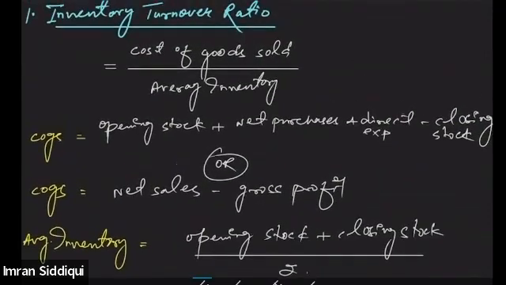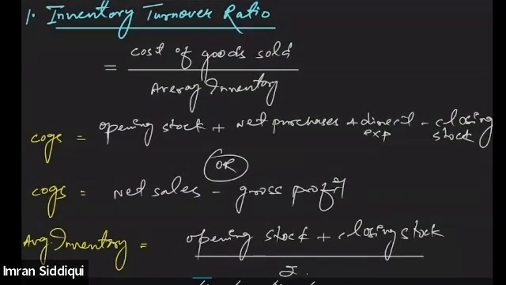All right. So this is the formula for finding out the inventory. The basic formula is COGS divided by average inventory. But in case you don't know the formula for COGS, I wrote the formula for that.